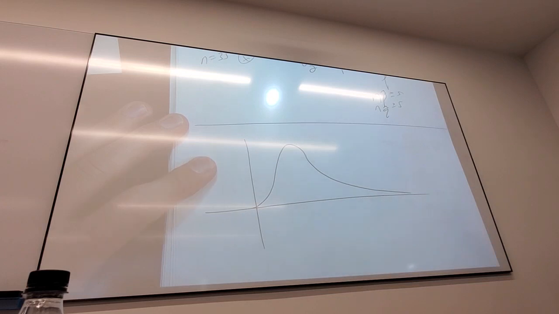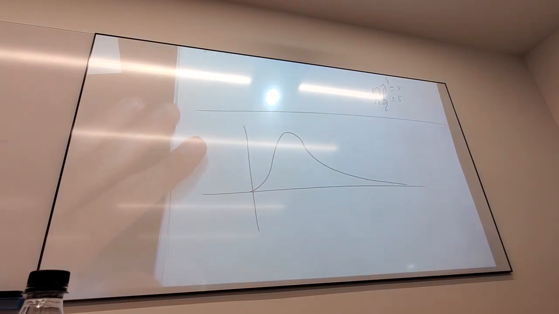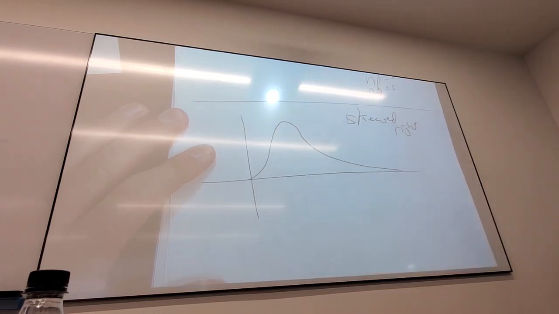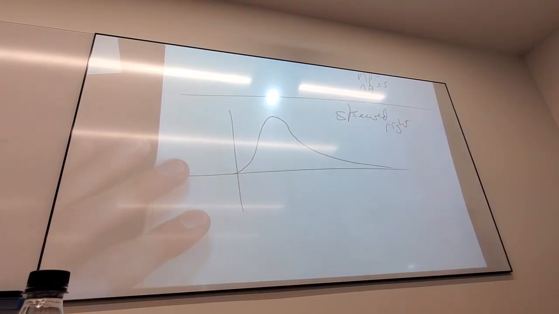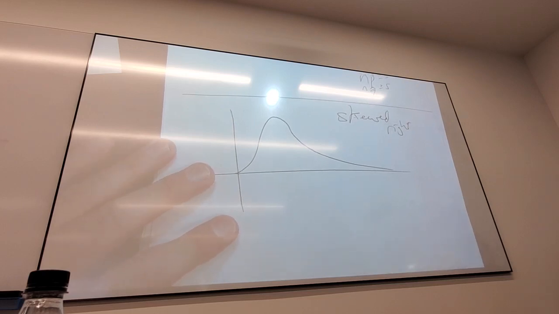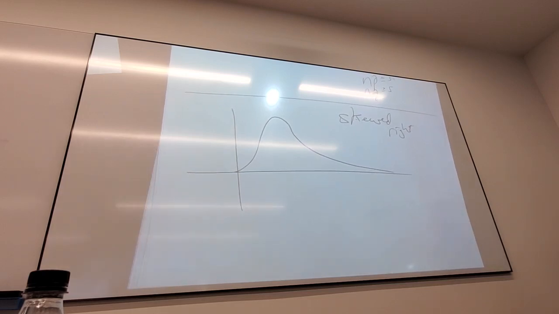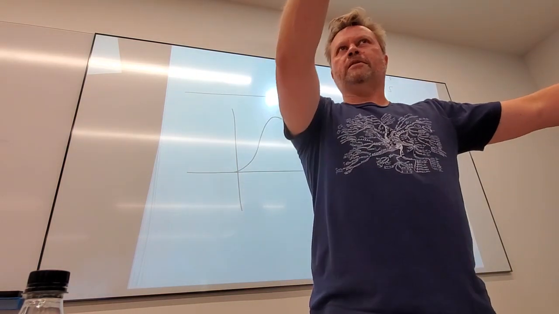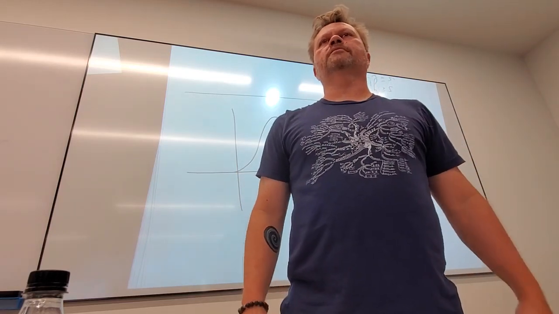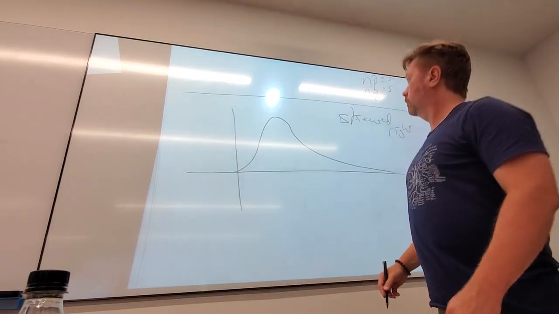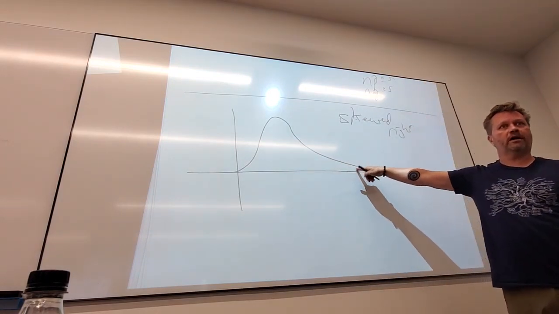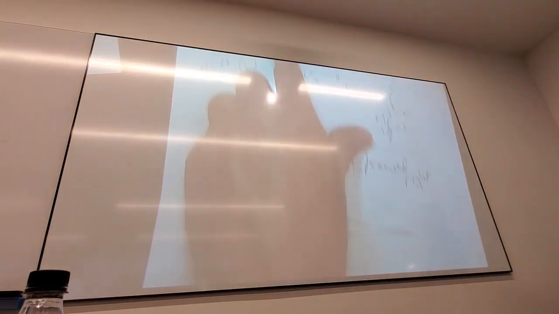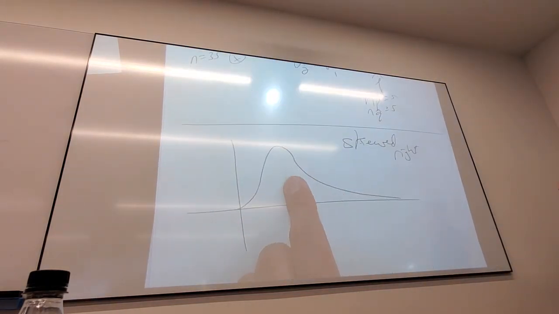Can anyone tell me anything about that? Skewed to the right. It looks skewed left? Why does it look skewed left? If this was a mound of taffy, where would somebody grab it and pull to make that? Which direction would I pull? If it started off looking like this, which side would I pull on to make this?